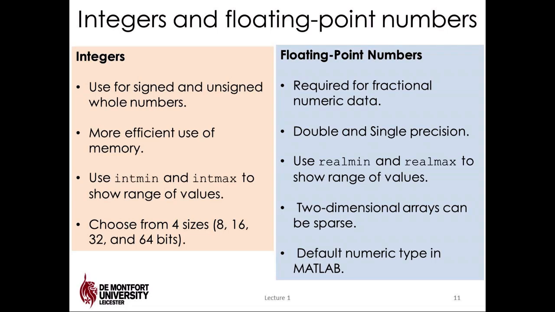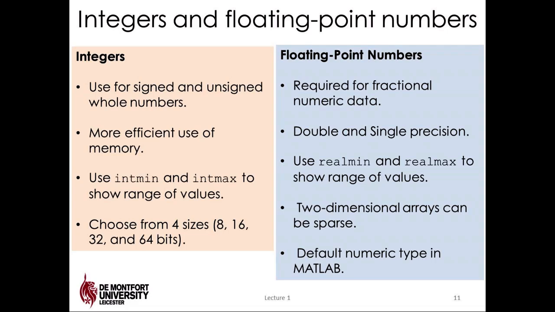Sometimes people prefer to use integers instead of floating point numbers because they consume less memory. And you can use these two commands, intmin and intmax, to figure out the range of the values.